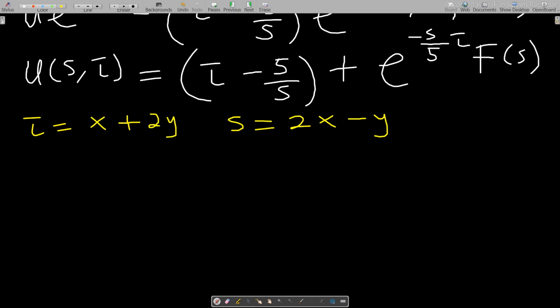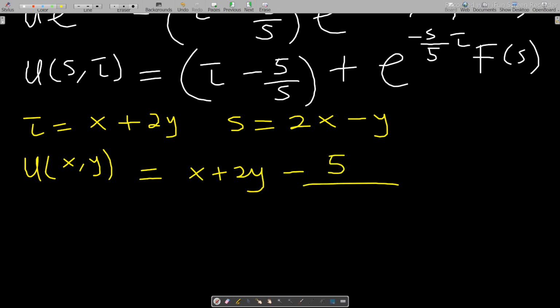So u of x comma y should be equal to tau, and tau is x plus 2y minus 5 over s, and that is 2x minus y, plus f of s, so we have f of 2x minus y.